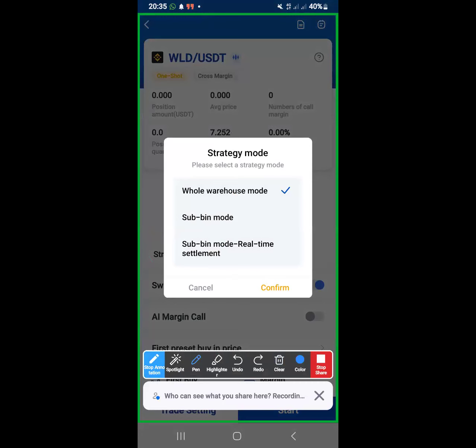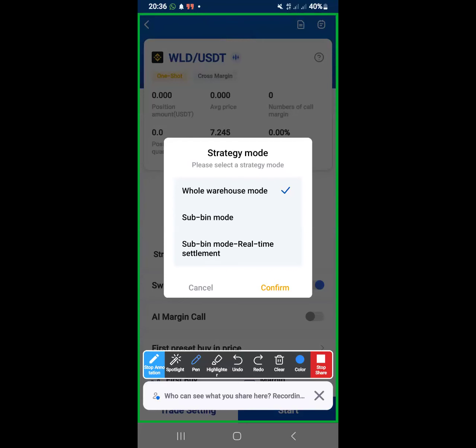The whole warehouse mode: once you set your robot and you leave it in the whole warehouse mode, what is going to happen is it is an instruction you would have given the robot that whatever position you buy, irrespective of how many times you bought it, whether it is 100 or 50 or whatever it is, when you're going to sell these coins, sell them as a whole, sell them wholesale, sell them at once as a single unit.